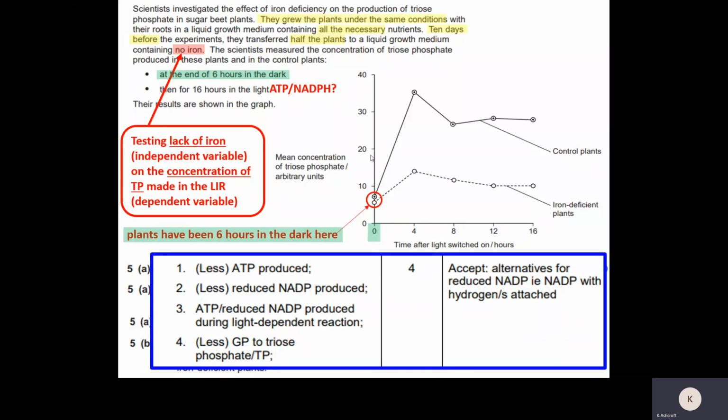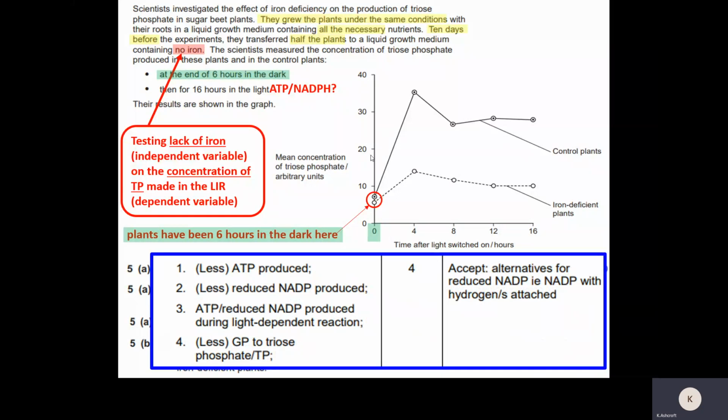Now we can actually see from the dotted line, the dotted data on the graph, the iron deficient plants from time point 0, at all time points over the 16 hours in the light, have a lower mean concentration of triose phosphate compared to the same time points for the control plants that had iron in the light.